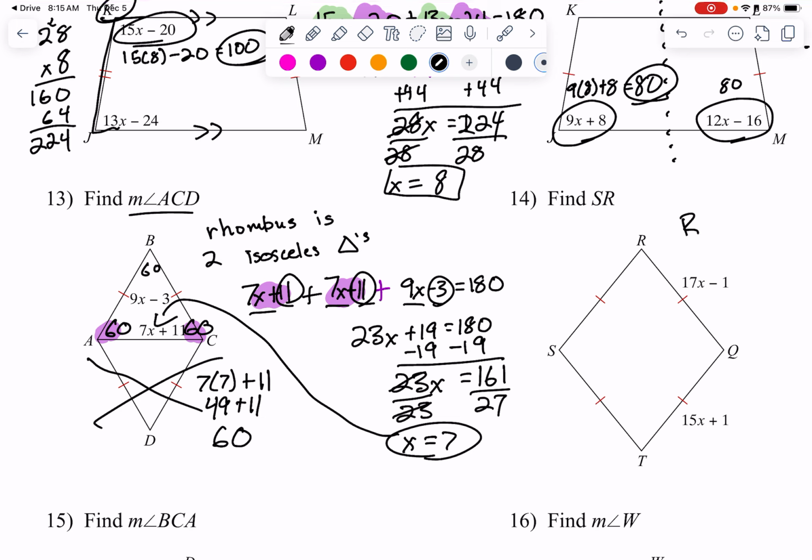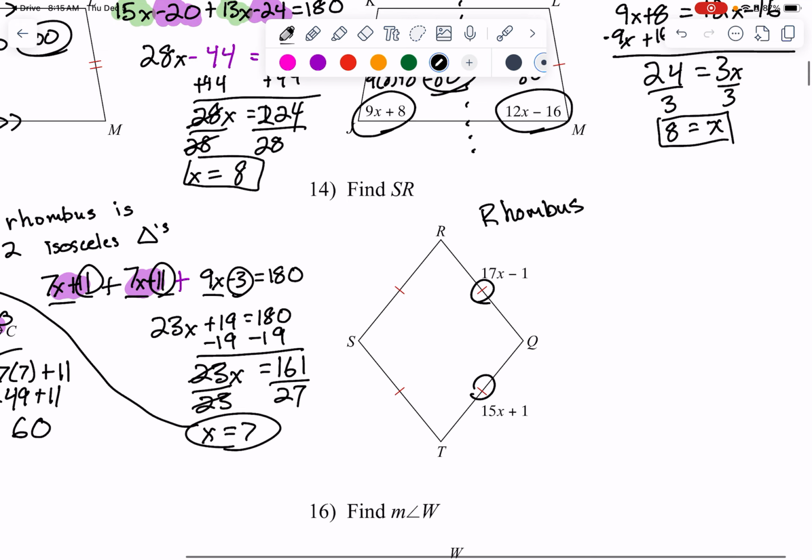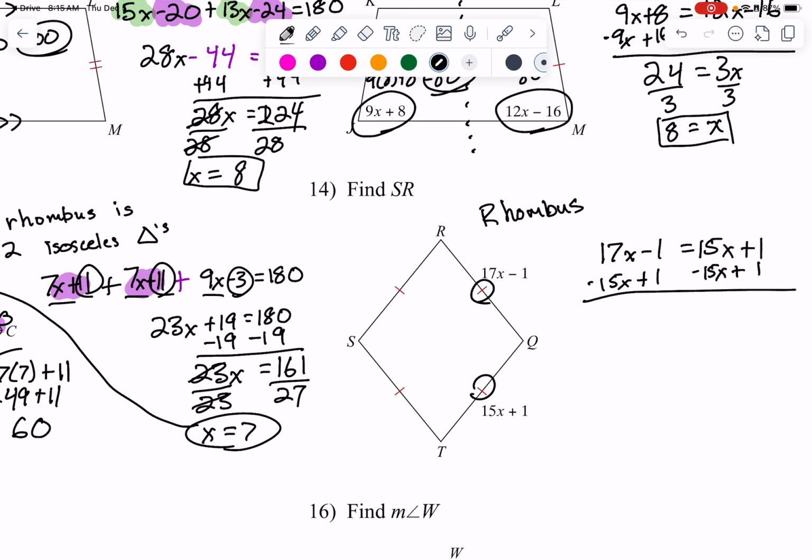This again on number 14 is a rhombus. And in a rhombus, sides are equal. So another short equation because we just have two pieces that are equal. If we do some simplifying here, we got like plus 1 minus 15x minus 15x.